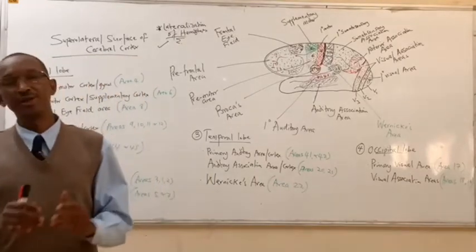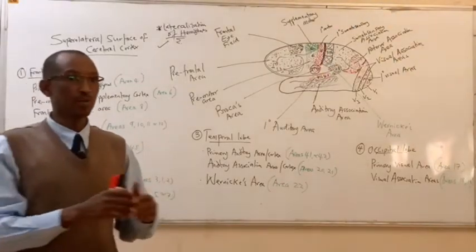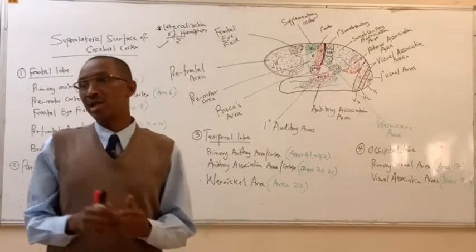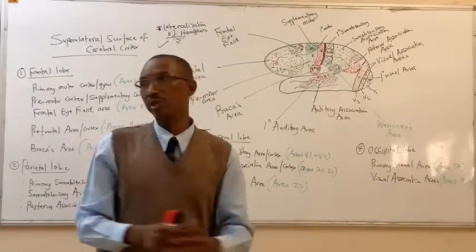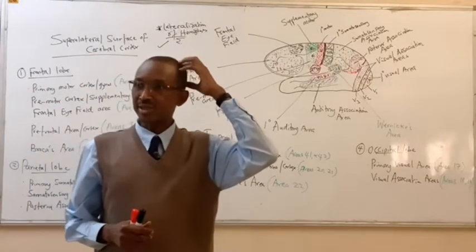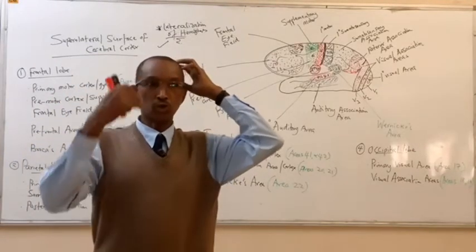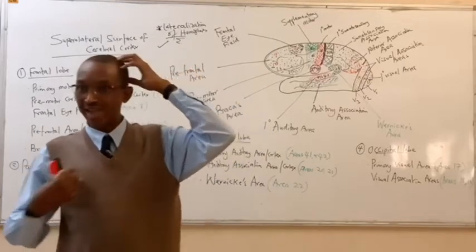You see, with the motor and sensory functions of the cerebral hemispheres, one cerebral hemisphere controls the other side of the body. For example, my left cerebral hemisphere controls all the activities and functions of my right side of the body.